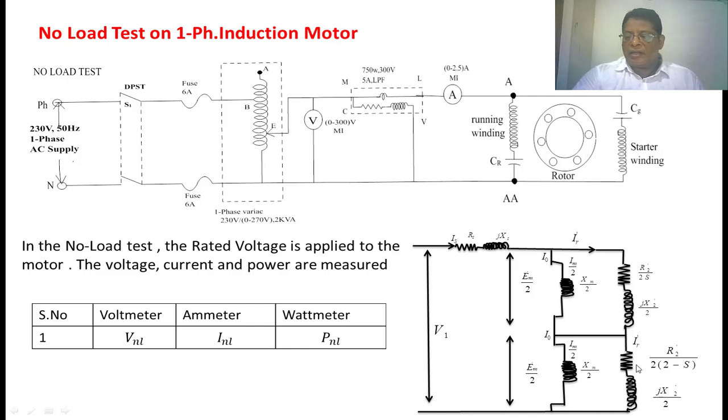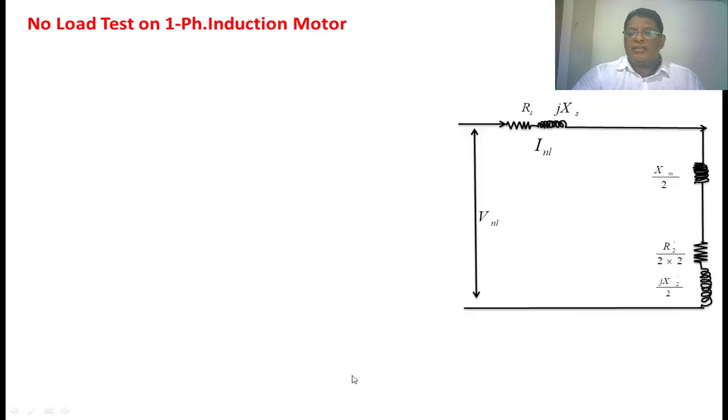In the same manner, for this branch, s is very small, so the resistance becomes R2 dash by 4 plus jX2 dash by 2. This is very small compared to this one. The resultant of a small and a high value is a small impedance. Finally, this is the equivalent impedance of the single phase induction motor during the no-load test.